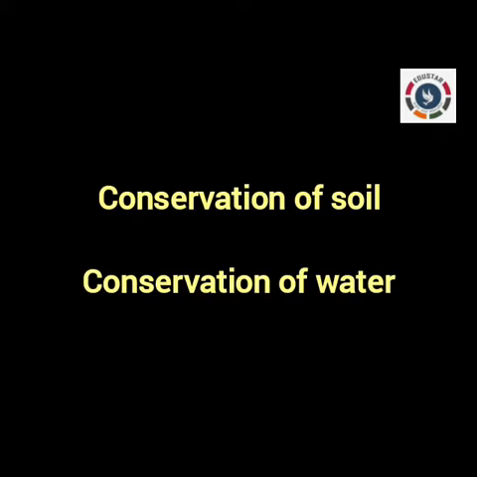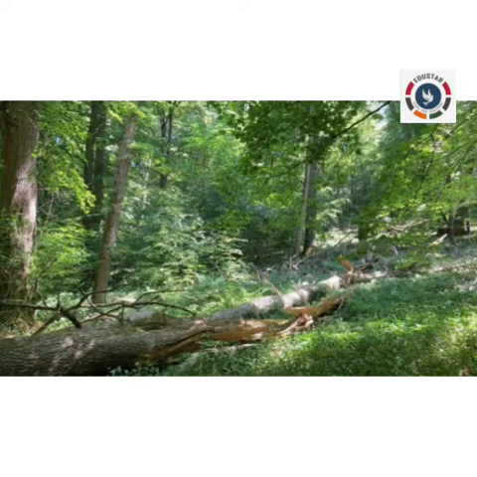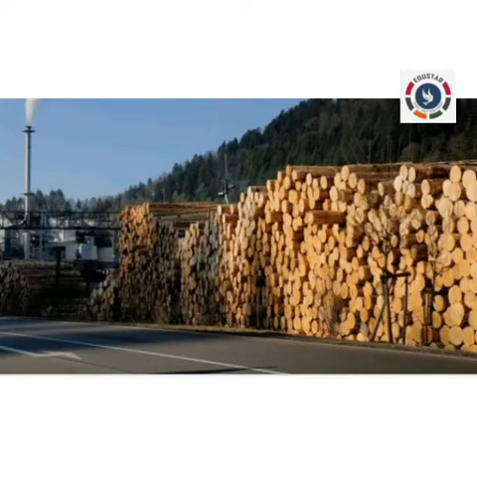In the previous lessons, we learned about the conservation of soil, conservation of water. In this lesson, we are going to learn conservation of forests. In many areas, forest has been cut for various reasons, and today there are very few areas left that are thickly forested.